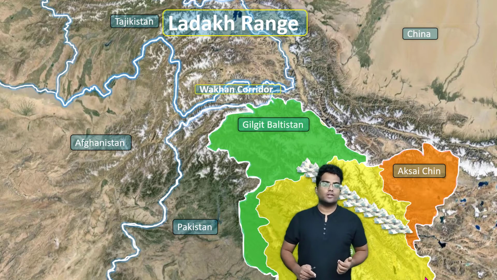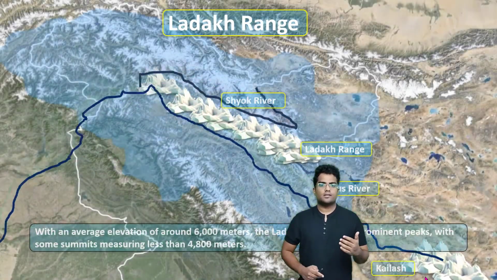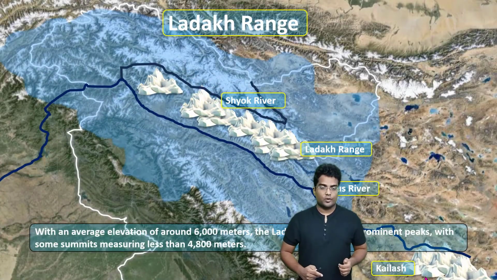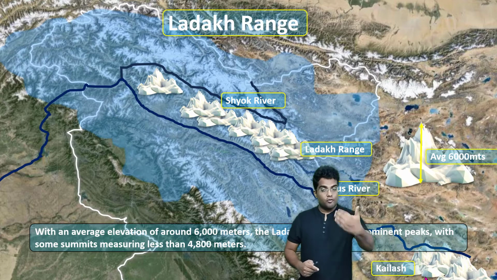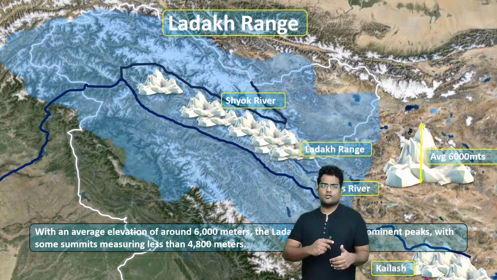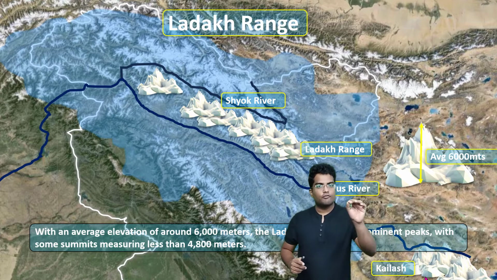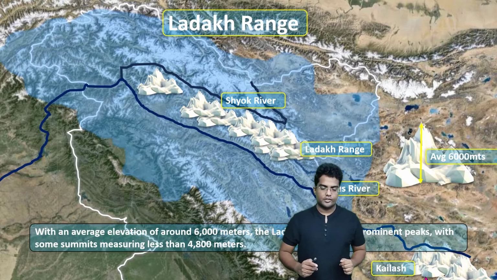Now we are going to discuss a few things such as the important passes. Before we discuss the passes, let's talk about the average height of the mountains in the Ladakh Range, which is around 6,000 meters.